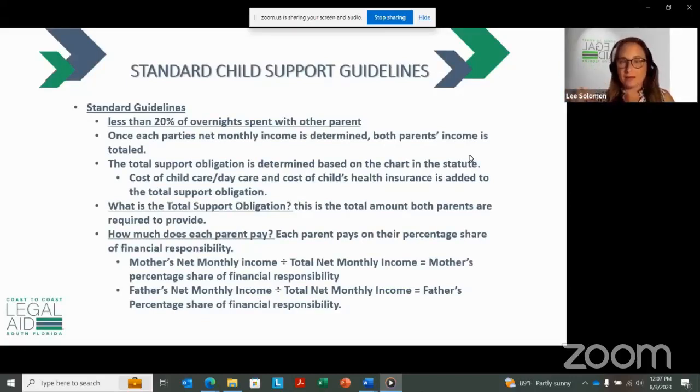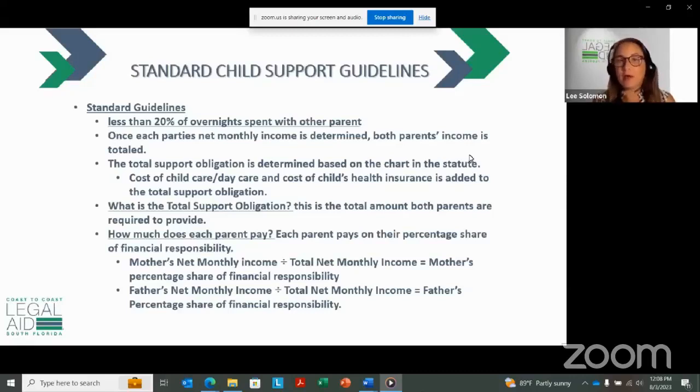Once you have that, if there is a child care or daycare expense, and if there is a health insurance cost for the child, that would then be added on to the support obligation that's listed in the statute. So again, the total support obligation is the total amount that both parents are required to provide. It's not broken down into who provides what amount of that total.